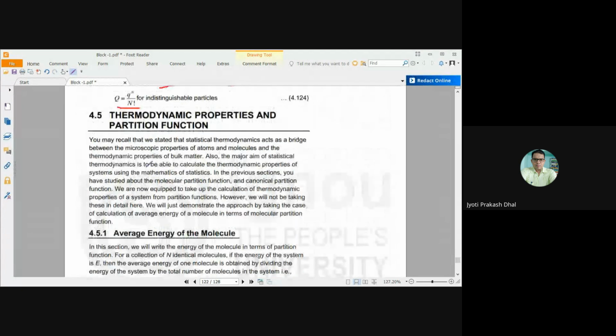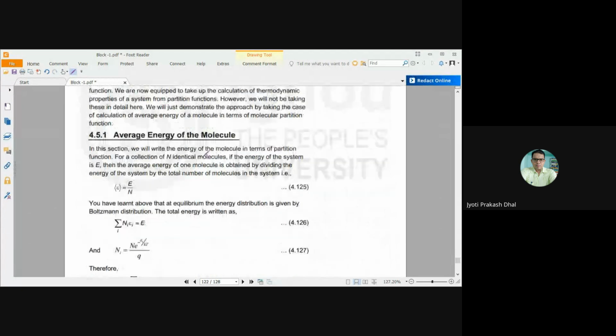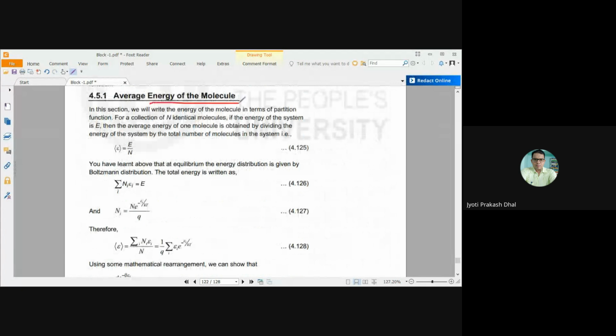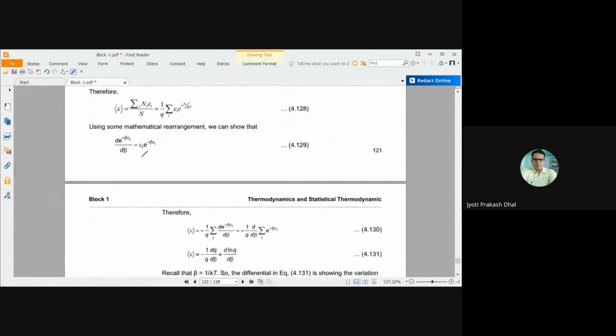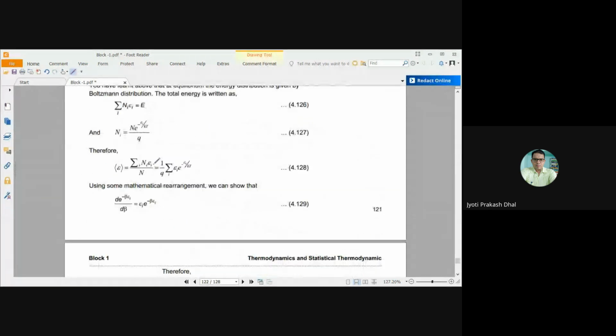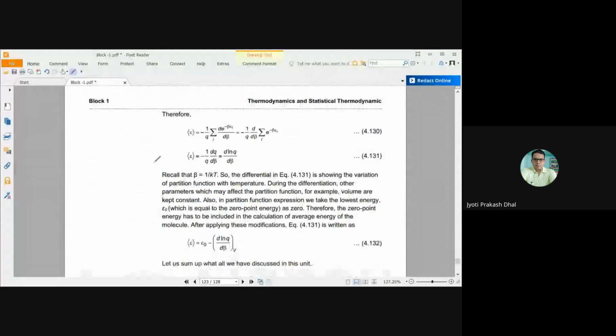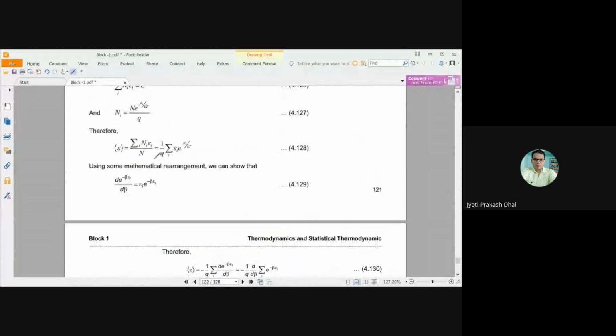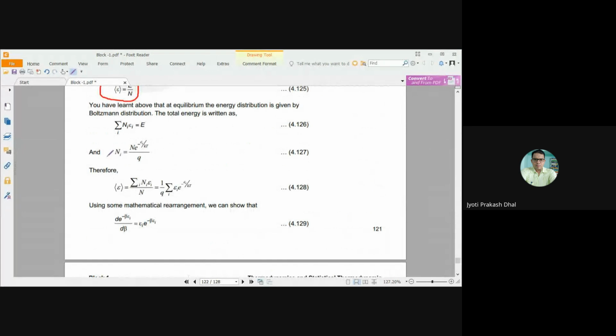Now coming to thermodynamic properties and the partition function. Here is the average energy of the molecule, equal to E divided by N. And we know that Ni equals N e to the power minus epsilon_i by kT, whole divided by q.